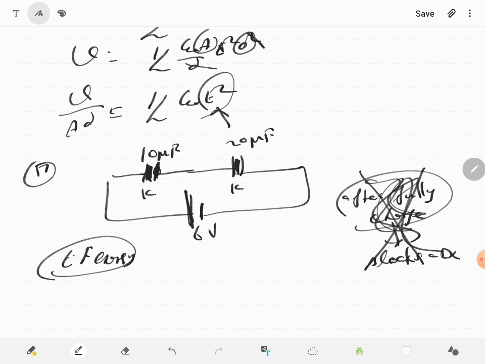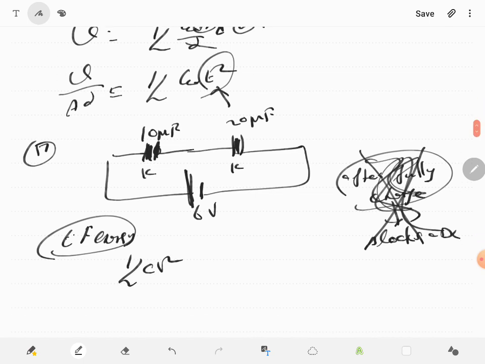The question, it's half CV square is the formula, and electric field energy increases by K. V is going to anyway remain constant. It's still connected only, no? It's still staying connected.